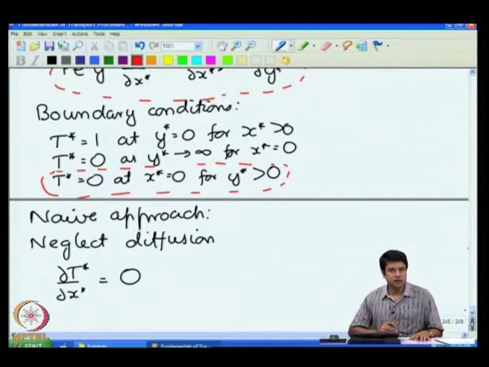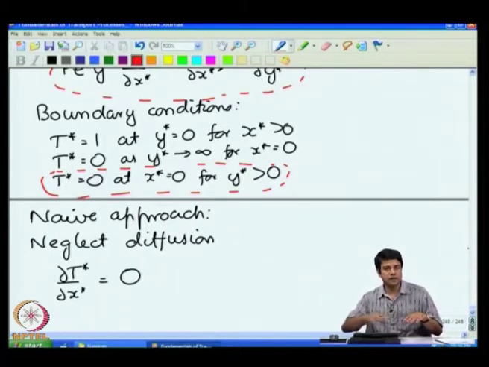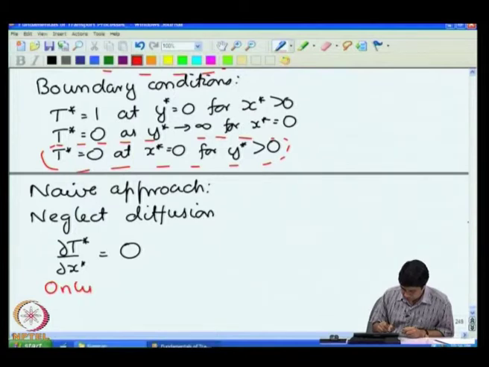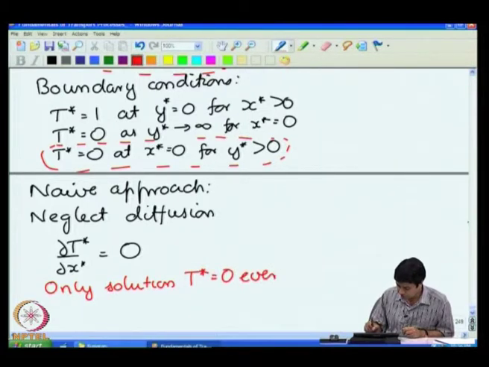Basically, what dT dx is equal to 0 tells you is that there is no variation of the temperature along the flow streamlines. However, at the inlet the temperature was equal to 0 independent of position. That means that the only solution is T star is equal to 0 everywhere.